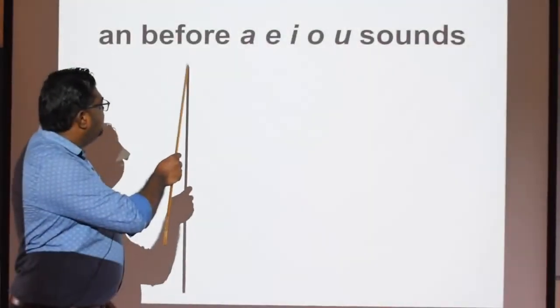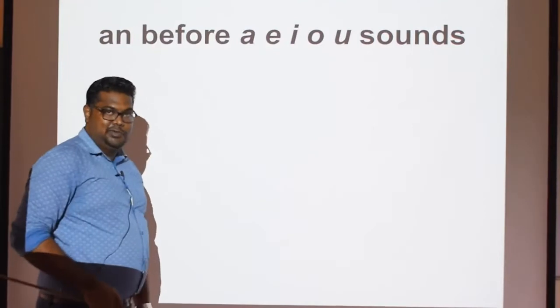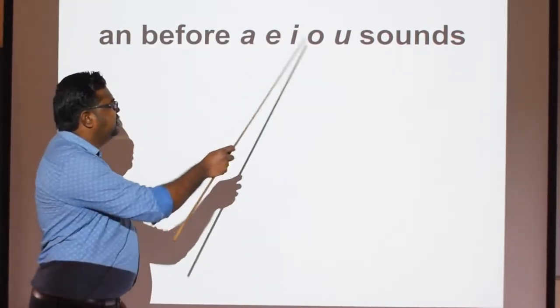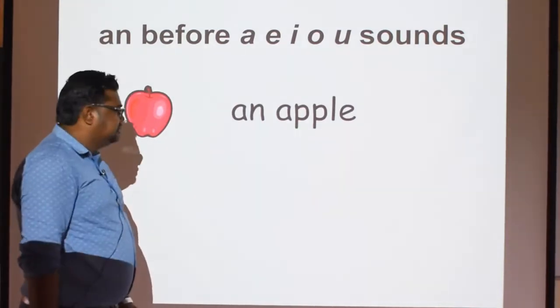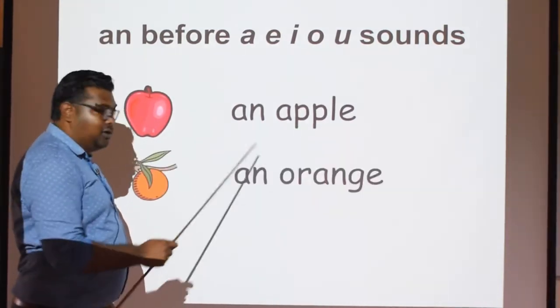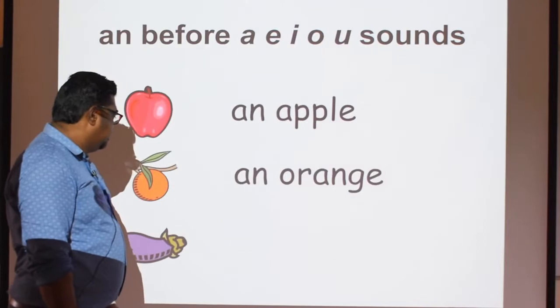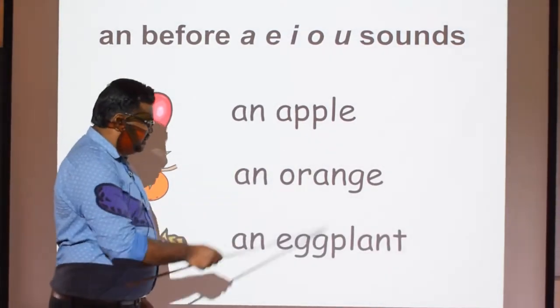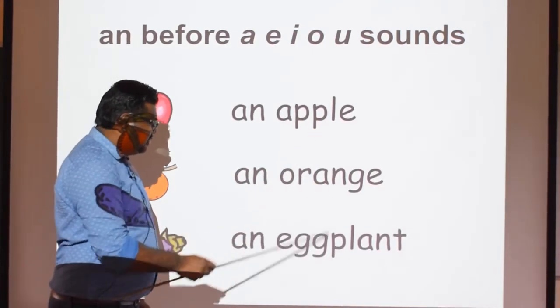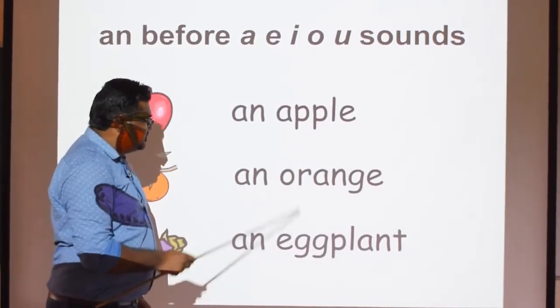And we normally use an before the vowels, that is a, e, i, o, u sounds. For example, an apple, an orange, an eggplant. Now you can observe, all these three words, apple, orange and eggplant, start with a vowel.